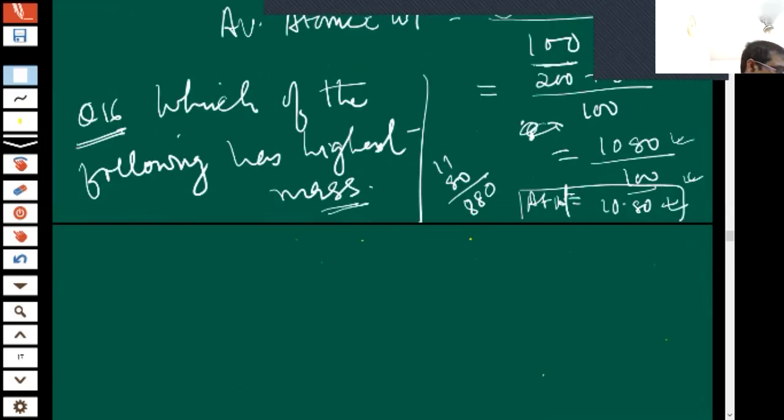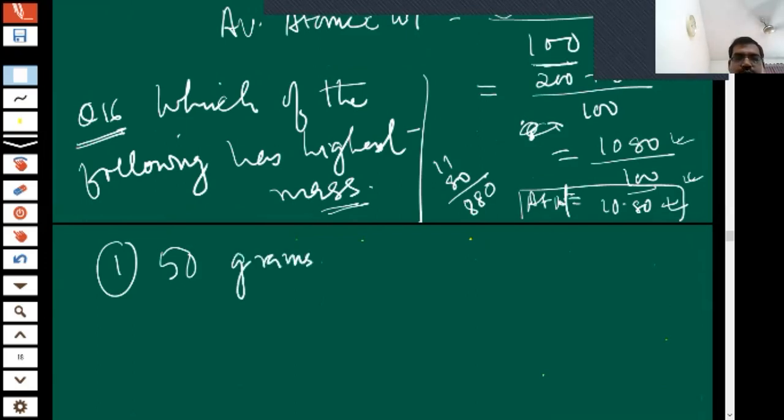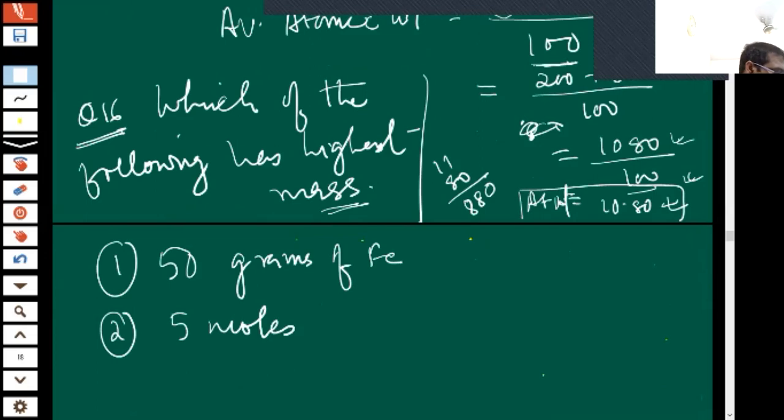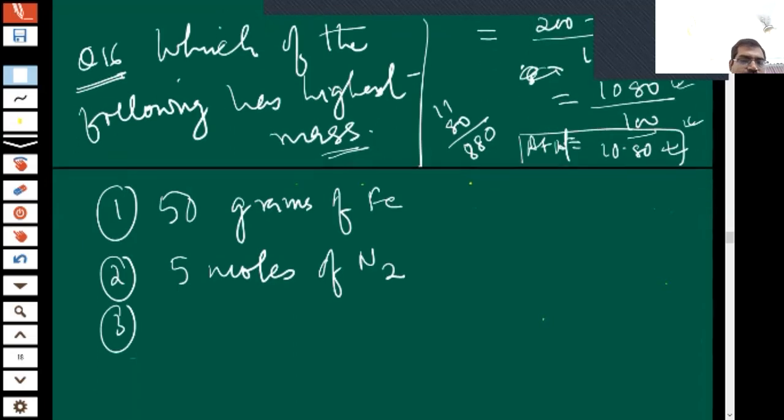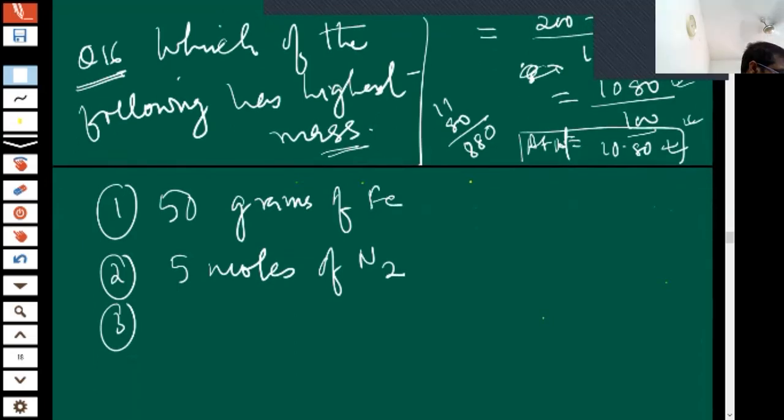Highest mass. One is 50 grams of iron. Number two, 5 moles of dinitrogen. Then 1 gram atom of silver.